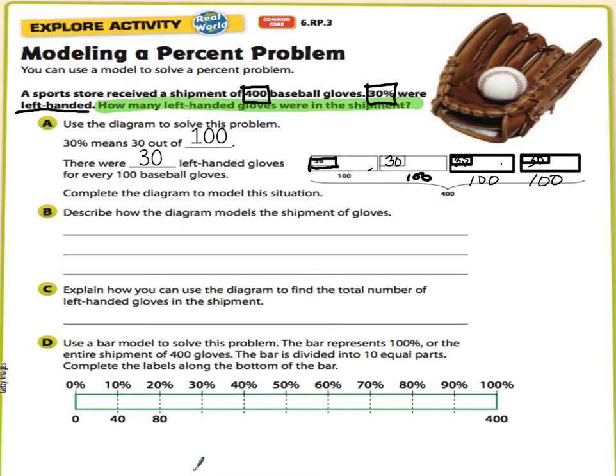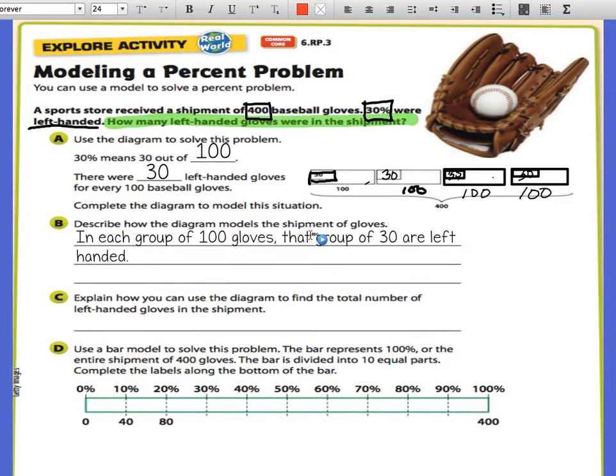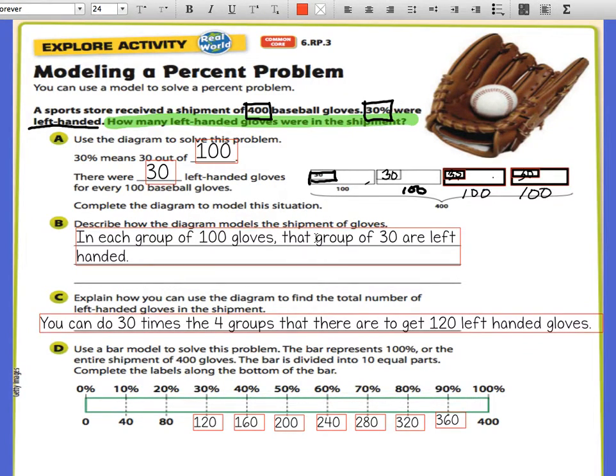Describe how the diagram models the shipment of gloves. In each group of 100 gloves, there is a group of 30 left-handed gloves.